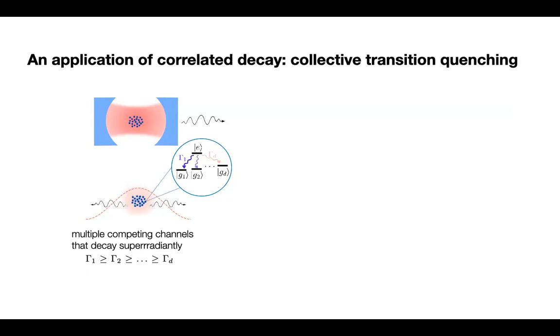These particles can decay to each of these ground states at different rates, and there will be one that is dominant, which for us now is gamma 1. Because finding the dynamics of such a system is generically hard when you don't have symmetry, and we wanted analytical results, we solved it in the case of permutation symmetry. So basically, all atoms are at one point in free space, or you're in a cavity.